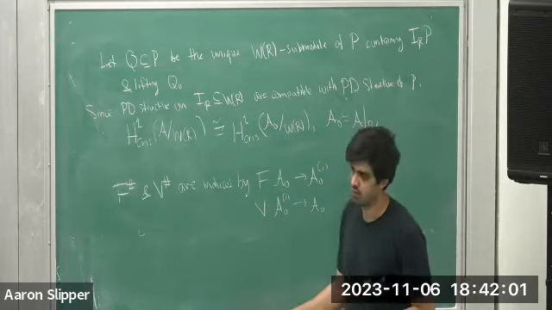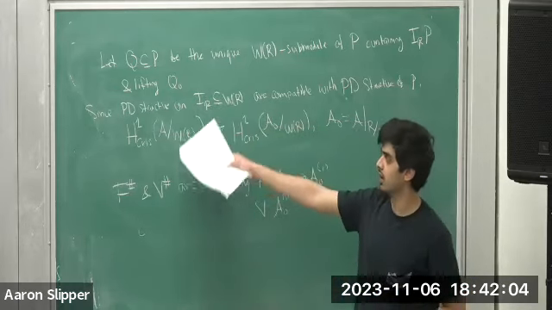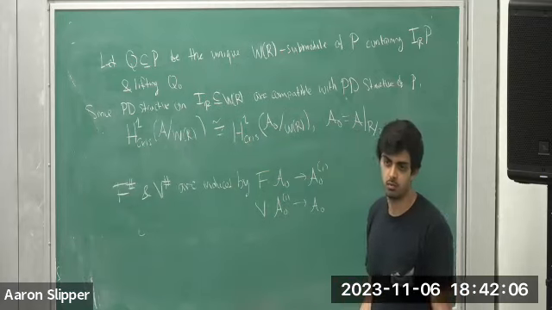And so I guess this is the idea for how you get a filtered FV module from the p-divisible group.